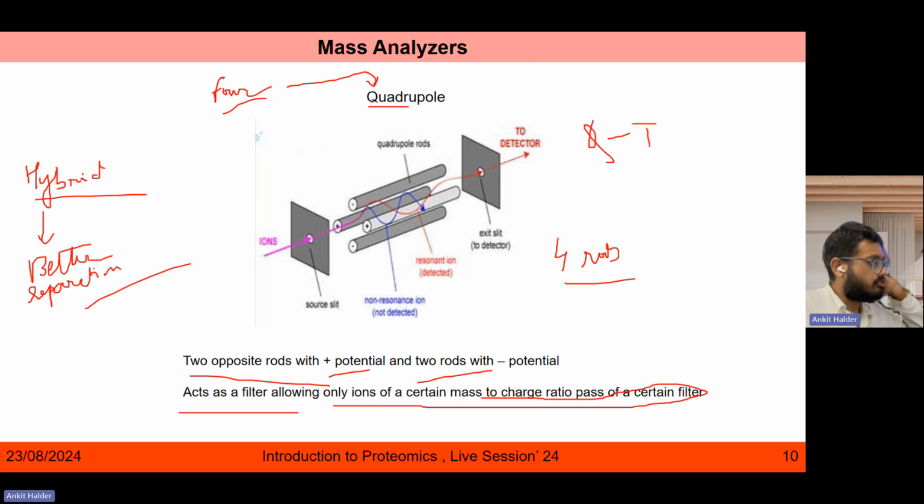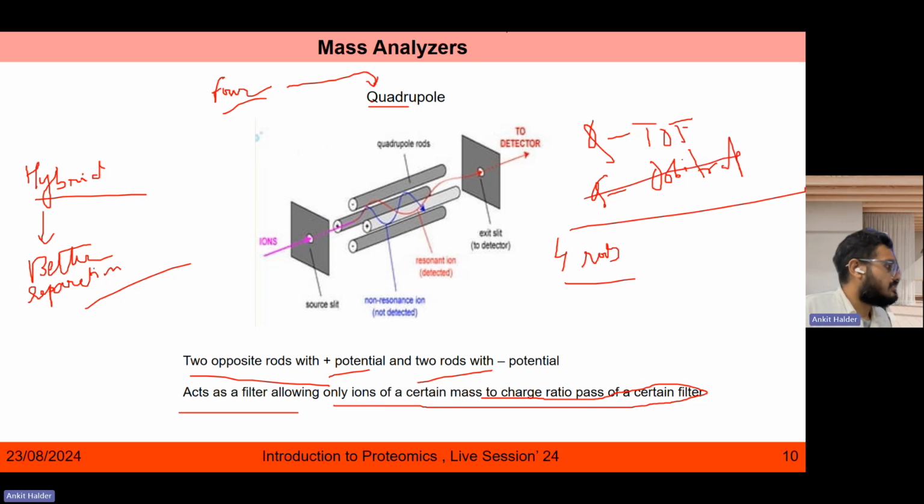So quadrupole is used heavily, like Q. If you search, you will find QTOF, that is a quadrupole mass analyzer coupled with a time of flight mass analyzer. You can also have a quadrupole matched with an orbitrap. Here it contains two opposite rods, one with positive potential and another with negative potential, and it creates a filter that allows a certain mass to charge ratio to pass.